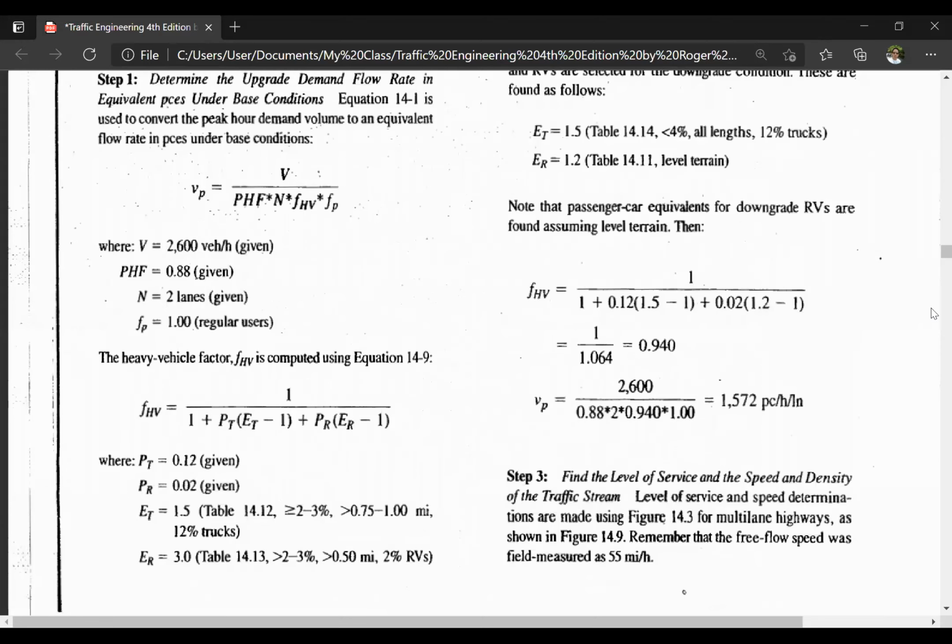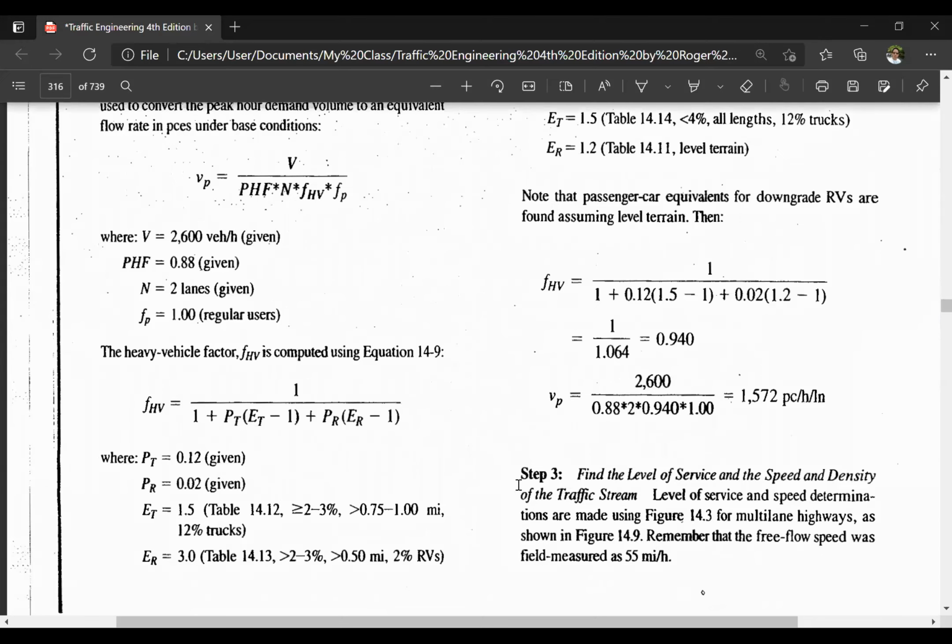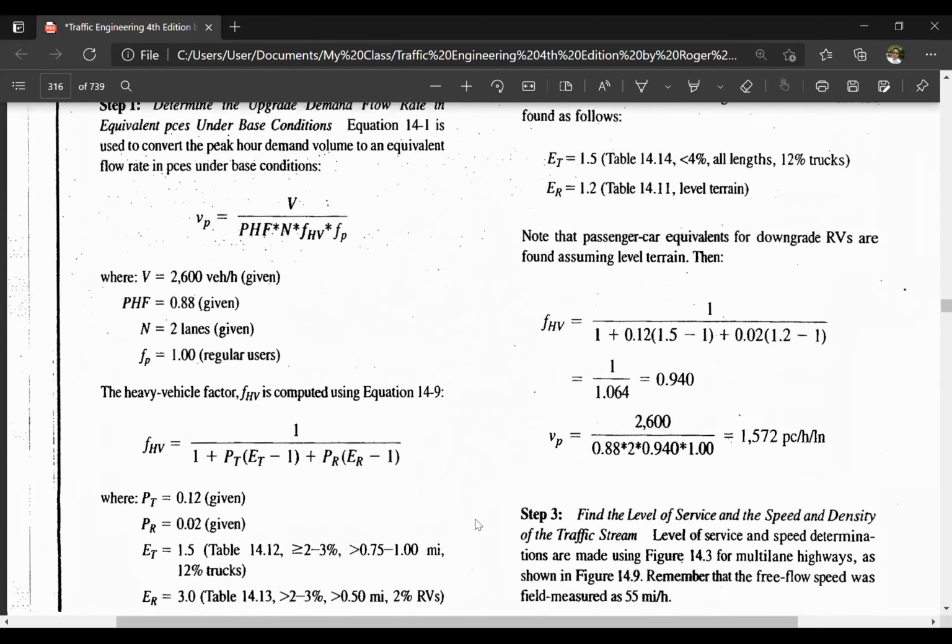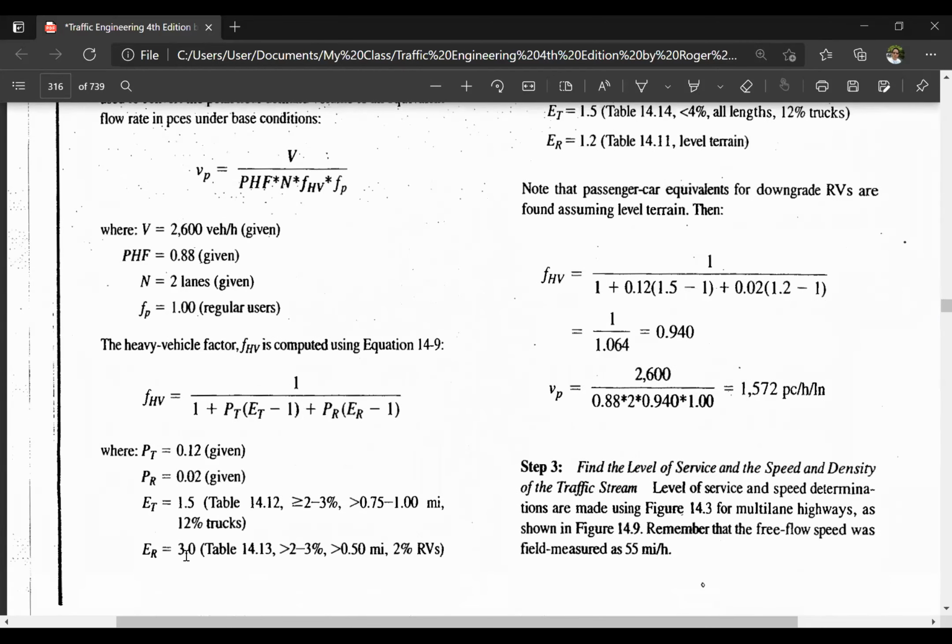ER. Now you look up the right table, 14-13, for the upgrade. 2% trucks, RV, and you get the ER equivalent to 3.